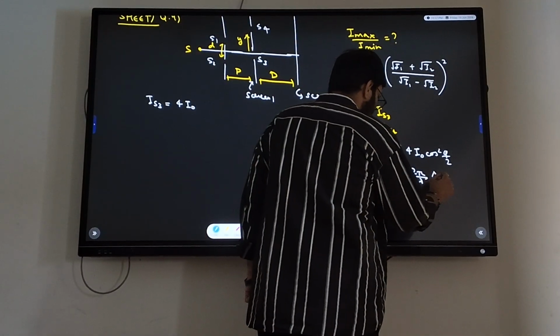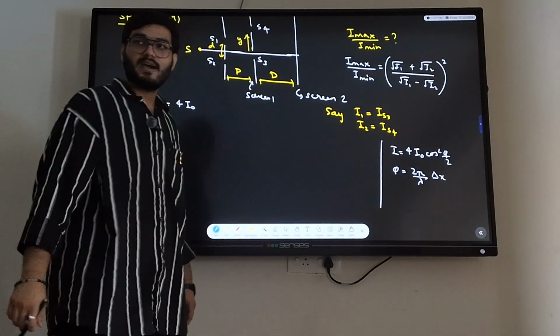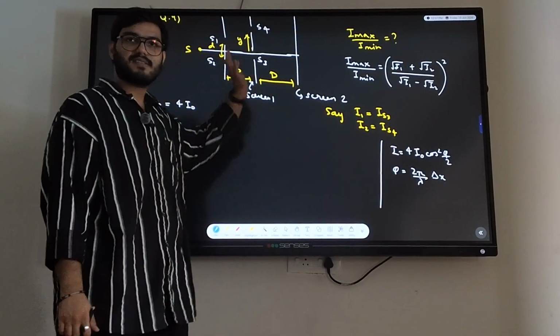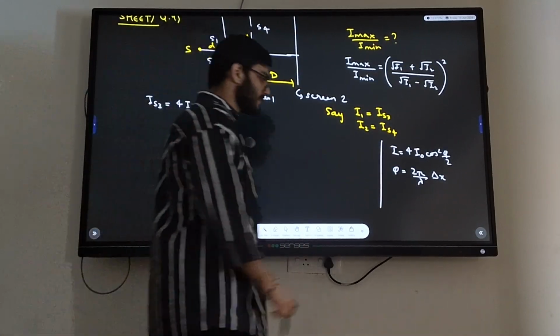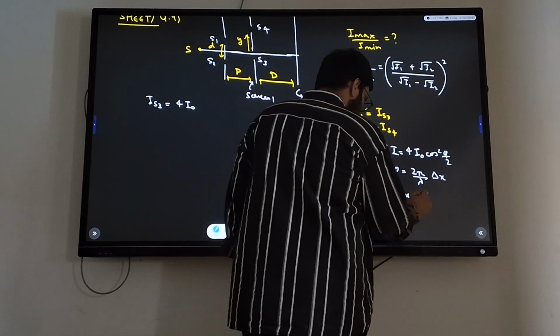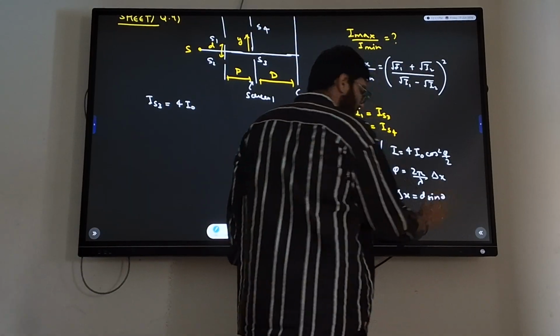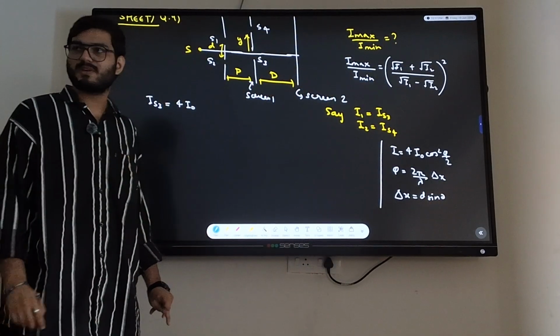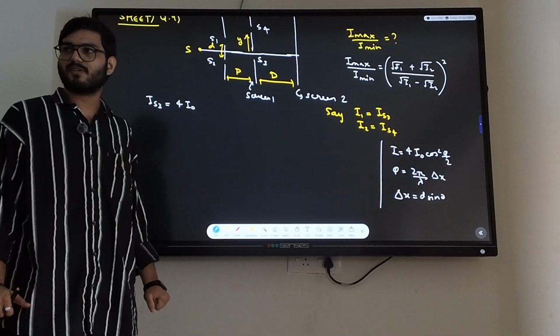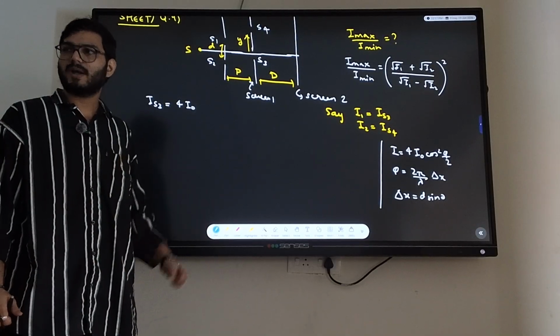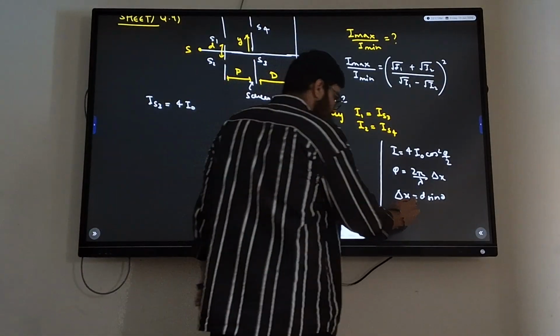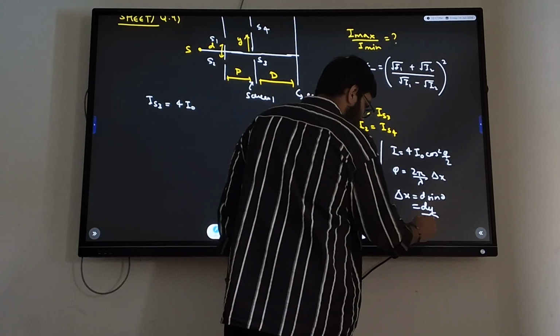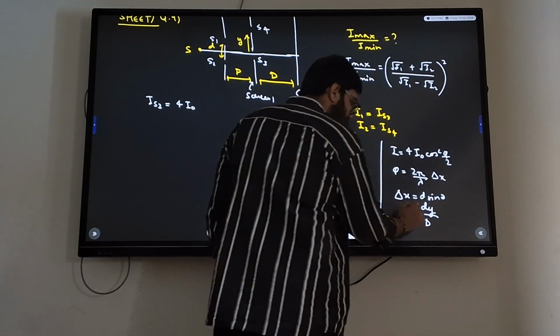It is 2 pi by lambda times delta x. And what was the delta x in this kind of experiment? That was d sine theta. But with the small angle approximation, sine theta can be approximated to y by capital D, so delta x is dy by capital D.